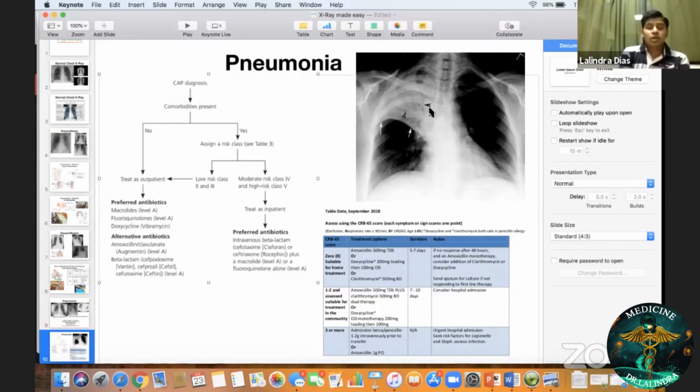Either a combination of IV ceftriaxone and clarithromycin, or a combination of amoxicillin clavulanic acid, that is IV co-amoxiclav, plus a macrolide or a doxycycline. Any of those combinations are accepted for the treatment of pneumonia. Also remember, in any case of pneumonia, you also have to calculate the pneumonia severity scores.